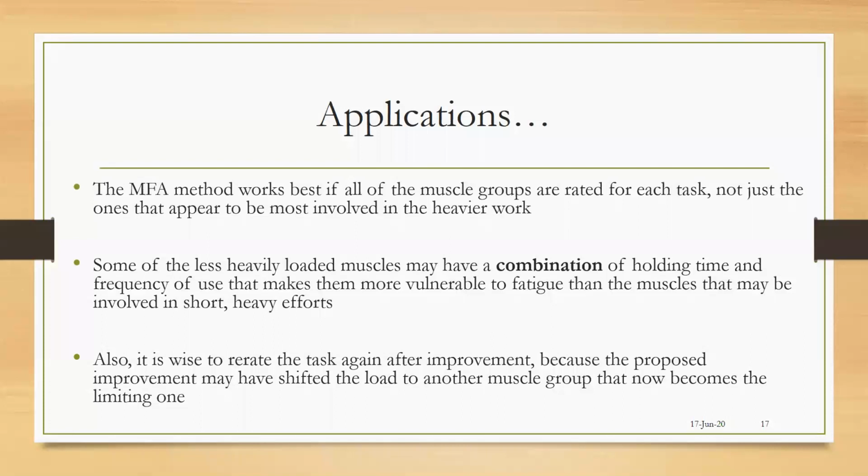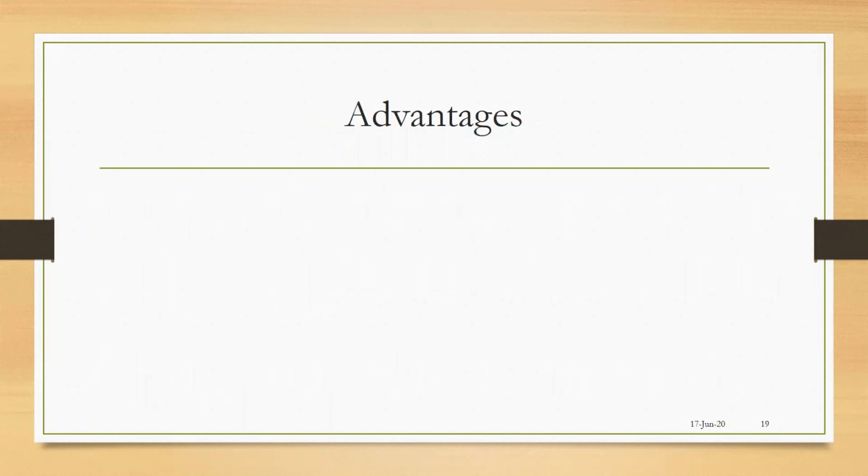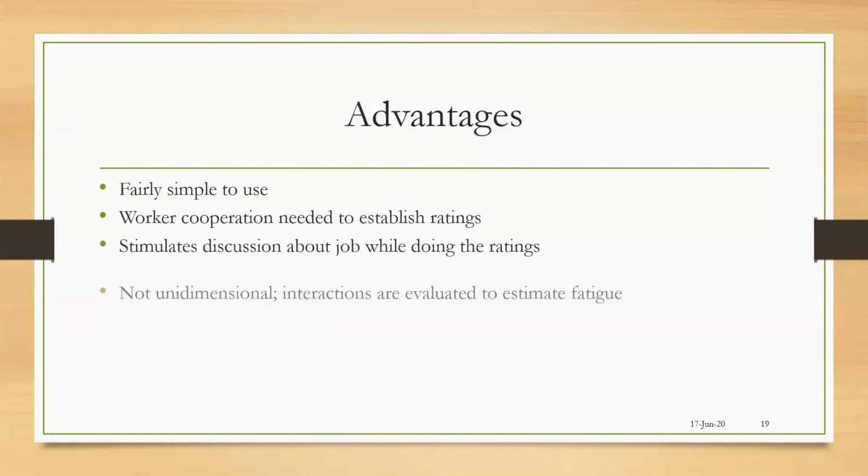So they can interact with each other. So it is better to rate all muscle groups that are in the sheet. So once there is improvement in the task, it is important to re-rate the tasks to see the level of improvement that has resulted. We will discuss an example in the following lecture.